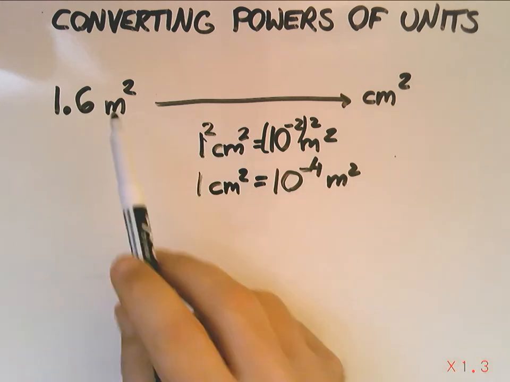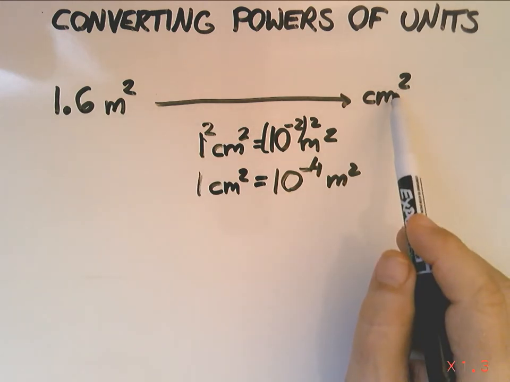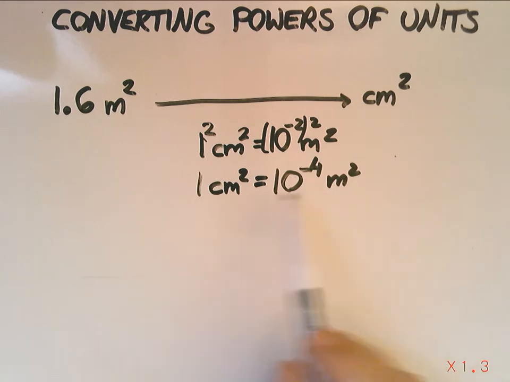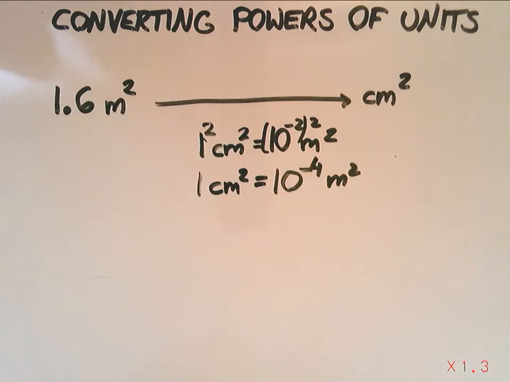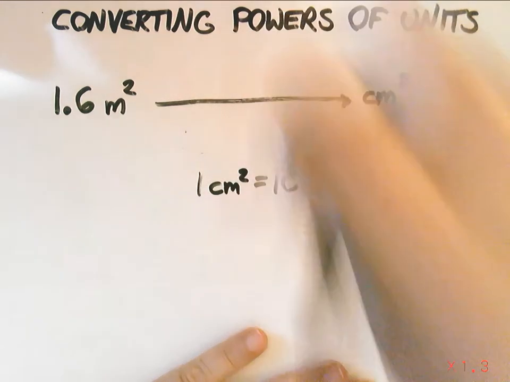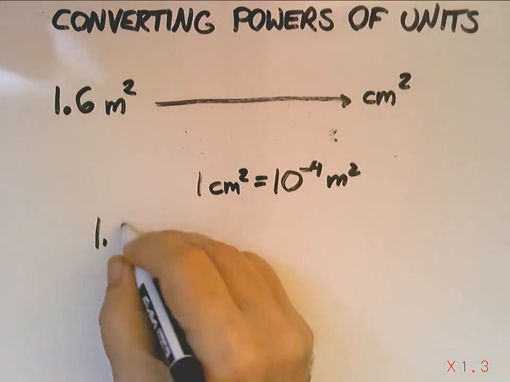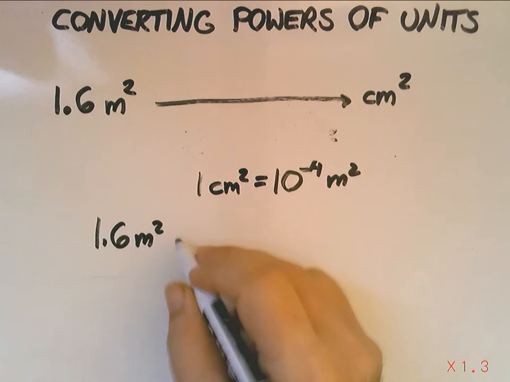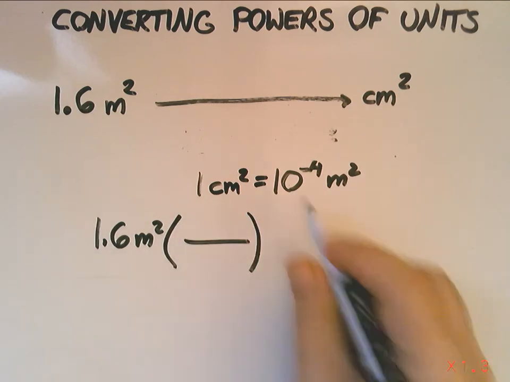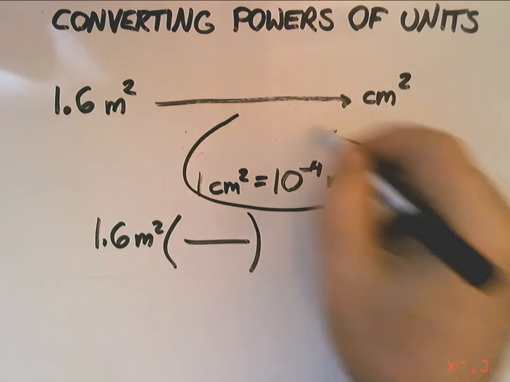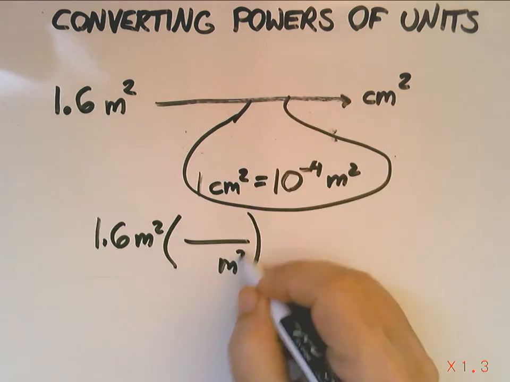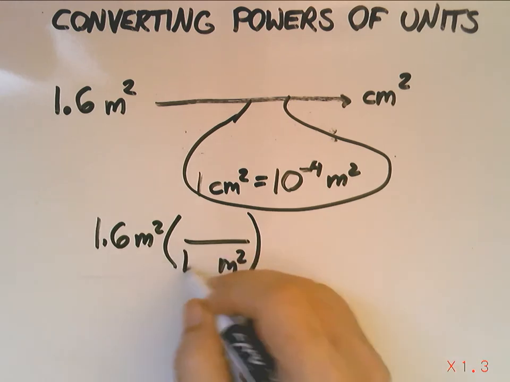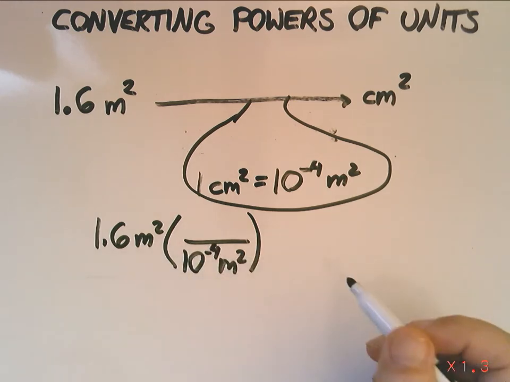So that's all you have to do when you're trying to convert powers of units. If it's squared on both sides of the link you're trying to make, then you have to square both sides of the link. So there's my link. I can do this in one step. 1.6 meters squared. I have to put meters squared on the bottom to cancel out meters squared, and it's got a 10 to the minus 4 sitting next to it.